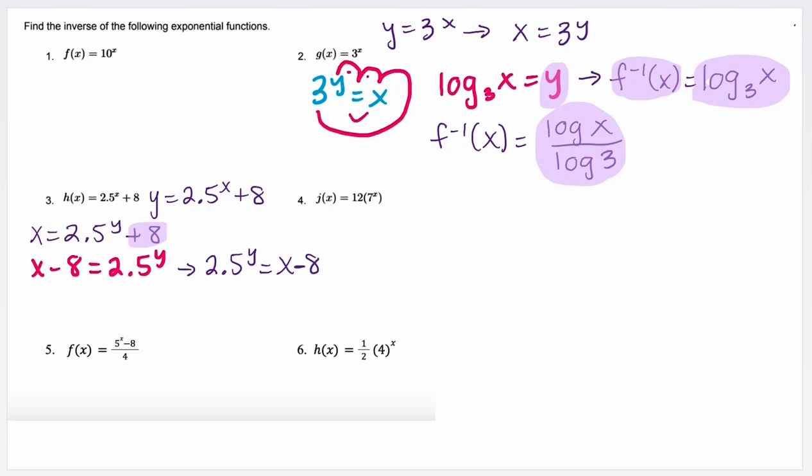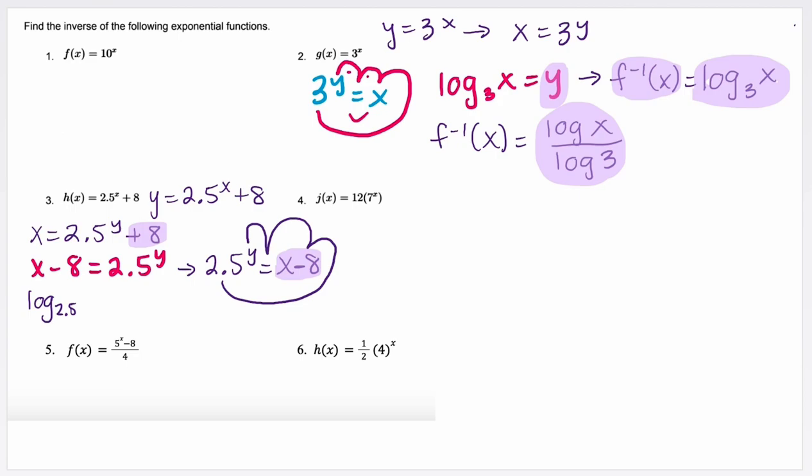So now I'm going to use loggy froggy. Now this right here is going to be grouped together and it'll go inside the logarithm. So I'm going to have log base 2.5 of x minus 8 equals y. So I'm going to go ahead and write that. Log base 2.5. So 2.5 is my base. The argument, so the thing inside the logarithm, is going to be x minus 8.